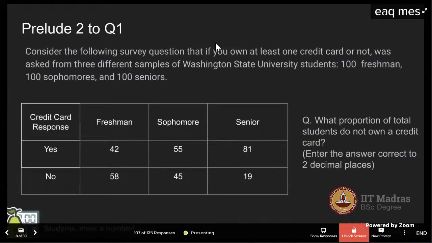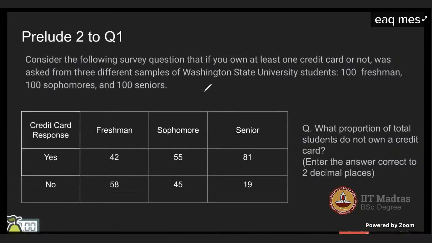See, what happens is, for every question, whenever we ask you to enter data to 2 decimal places, suppose the answer is 0.46, then any value between 0.43 and 0.49 will be considered correct. But in some questions, it is possible that only 0.46 will be awarded, not any other range.